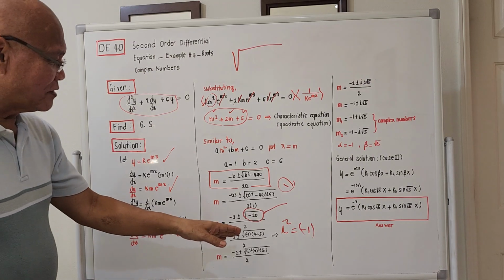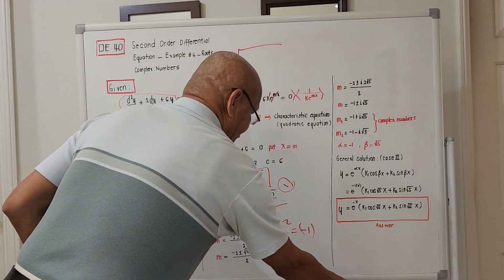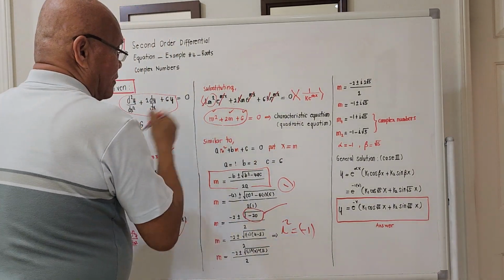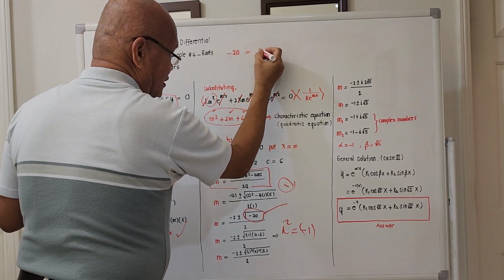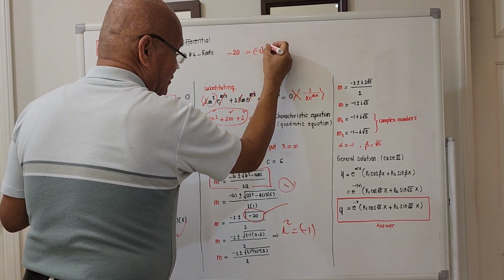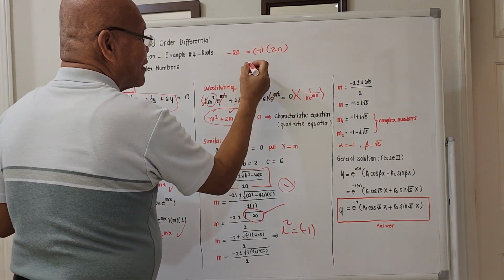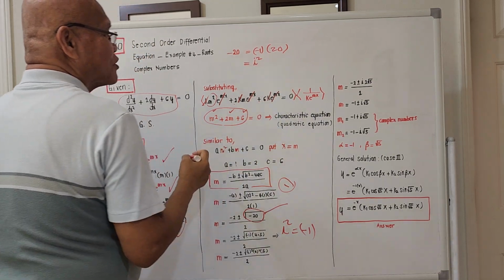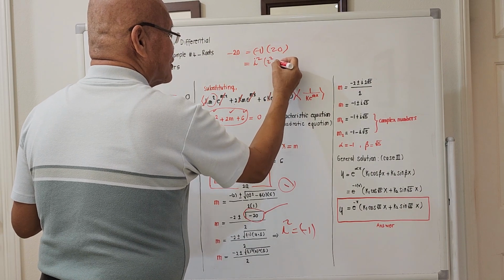We will replace this; this minus 20 can be written as, okay, I will write it here. Minus 20 can be written as minus 1 times 20, right? Then we will replace minus 1 by i squared, imaginary squared. And 20 can be written as 2 squared times 5, right?